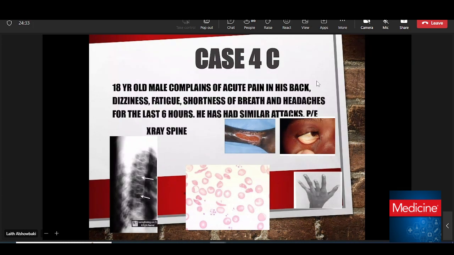So the hemolysis takes place inside the blood vessels and causes those small blood vessels to be blocked. And in the bone, you can see those hypodensities indicating necrosis because of the lack of the blood supply.